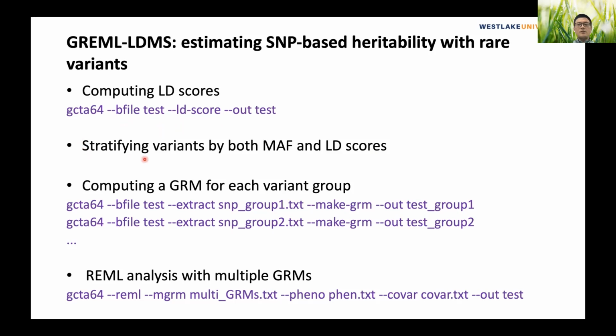You can then stratify the variants by both minor allele frequency and LD scores of the variants. You then compute a GRM for each variant group by the following commands. And finally, you run a GREML analysis with all the GRMs fitted together. And of course, you can include the covariates in this kind of analysis.